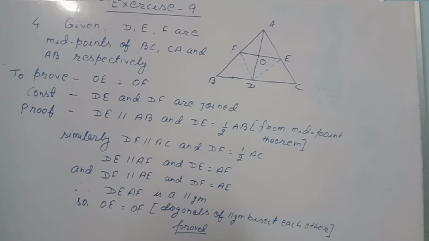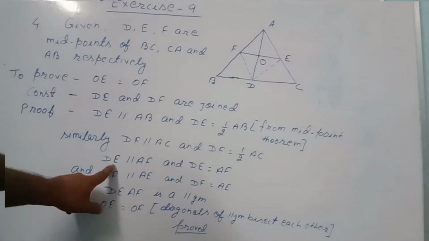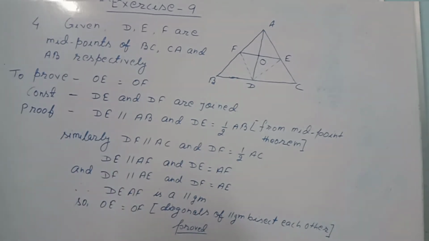Why? Because DE is half of AB and AF is also half of AB, because F is the midpoint. Similarly, DF is parallel to AE and DF is equal to AE.